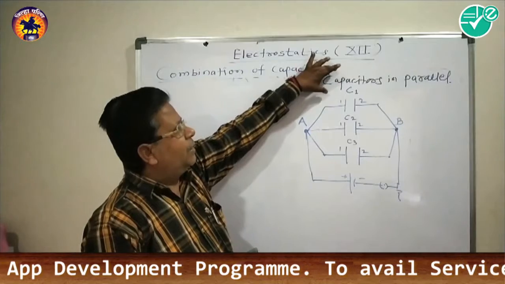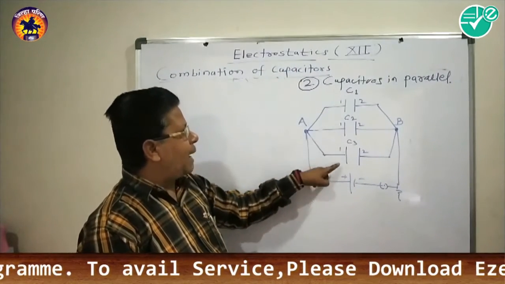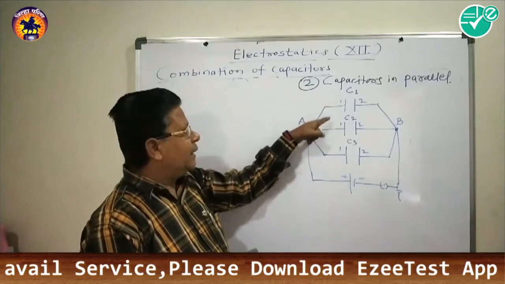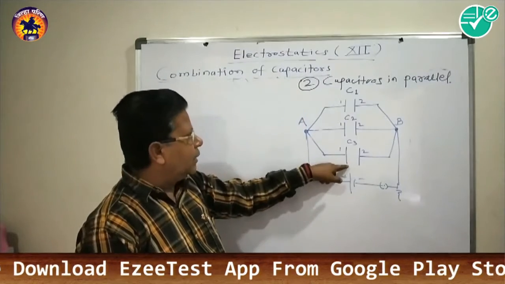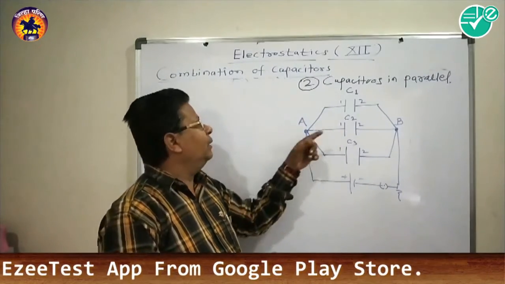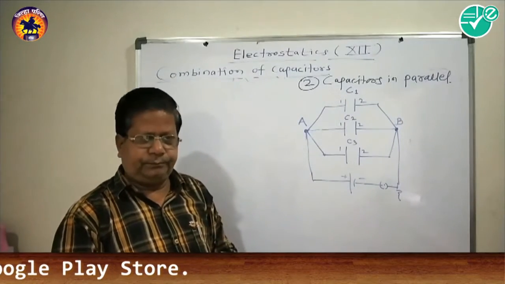Capacitors in parallel means when a number of capacitors are connected one across the other between two common points A and B.